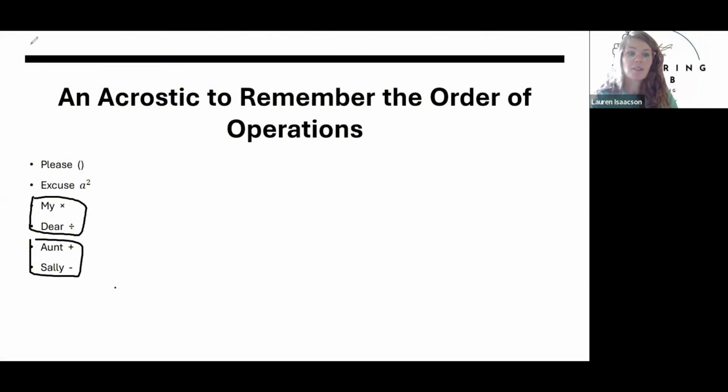Okay. So now I'm going to jump to a different slide and we're going to do some examples. Okay. So we have to remember, please excuse my dear Aunt Sally, parentheses, exponents, multiply, divide, add, subtract.